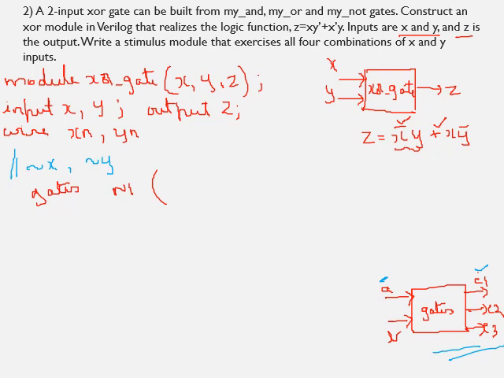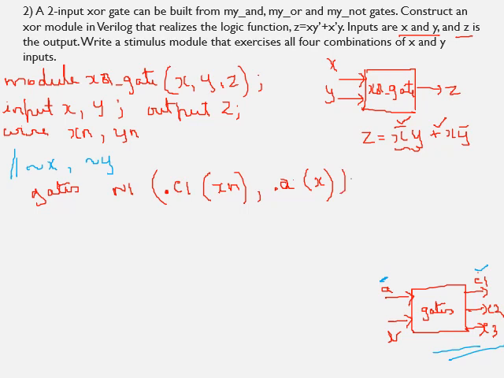So here connection by name is dot of C1, that is output, and output here is xn, comma, dot A, here x.